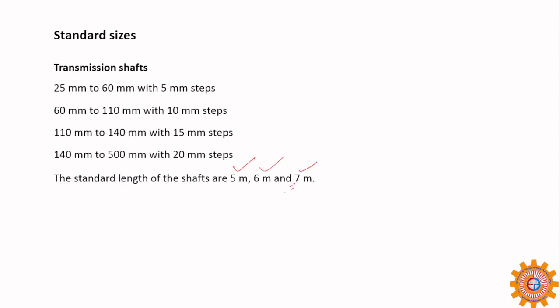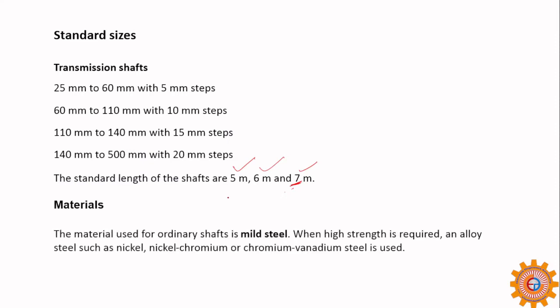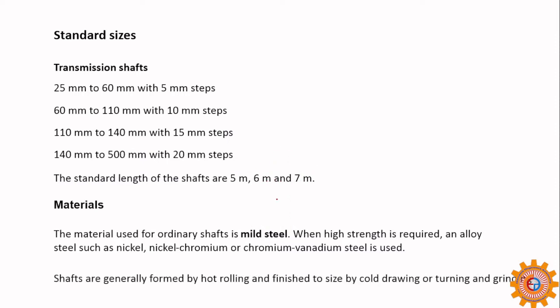Next one is materials. The general material used for shafts is mild steel. When you want higher strength, alloy steels like nickel chromium or chromium vanadium steels are also used. Shafts are generally formed by the hot rolling process and finished to size by cold drawing or turning and grinding.